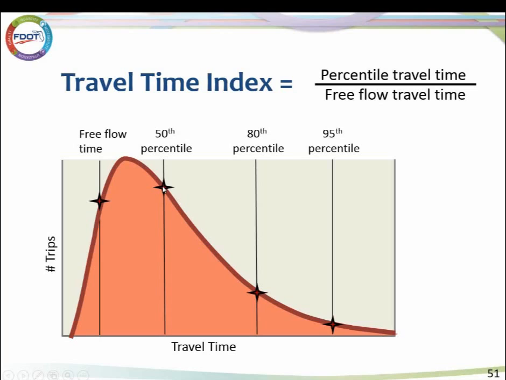Frequently, the 50th percentile travel time is used, and frequently that's just been called the travel time index. I believe we have some folks from Washington State online, and they work with the 80th percentile. And probably the most recognized one is this 95th percentile, which is also called the planning time index.